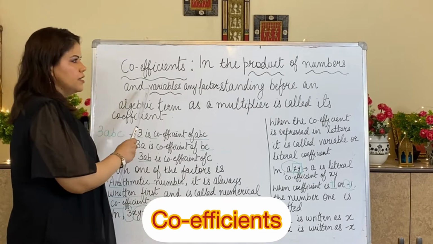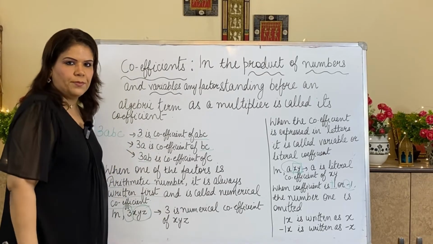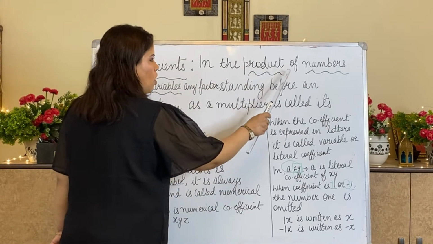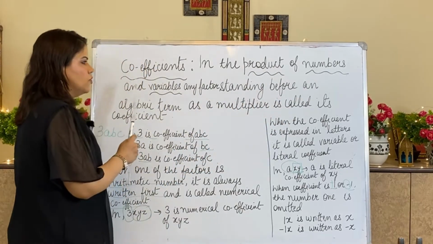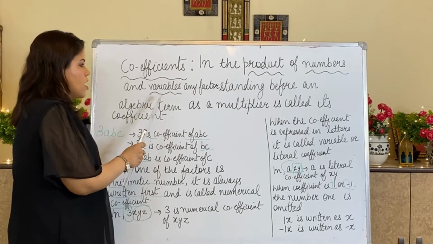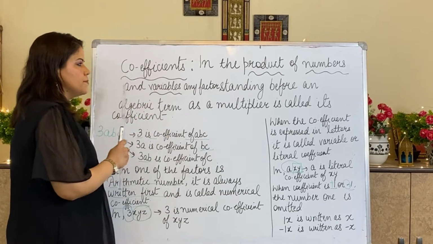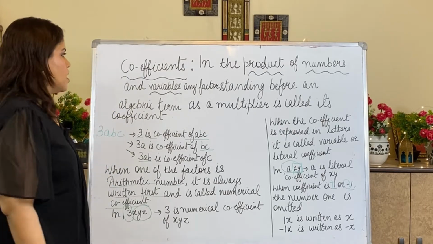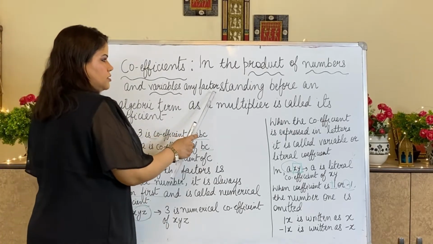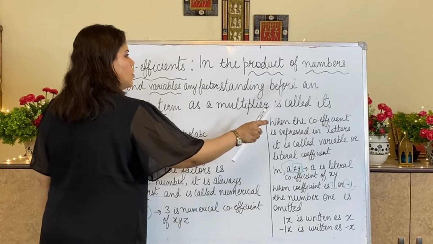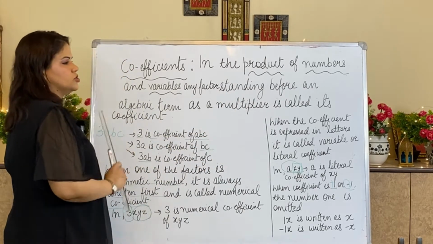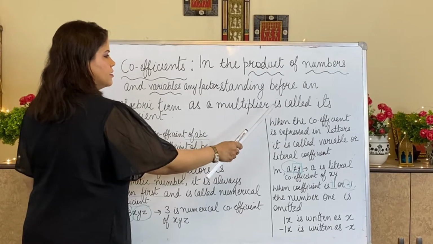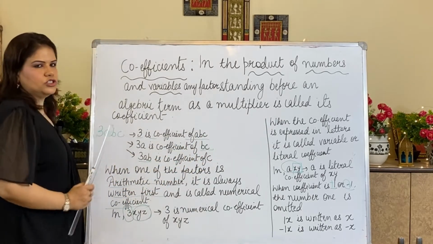Now I am taking coefficients in algebra. For this, I am taking the product of numbers and variables. When I take the product of numbers and variables, that means they are acting as factors. Any factor standing before an algebraic term as a multiplier is called its coefficient.